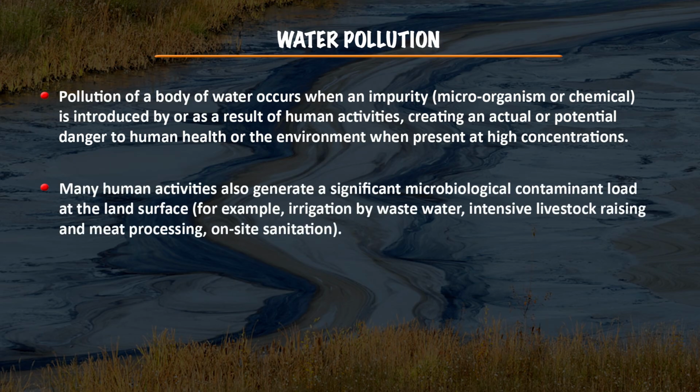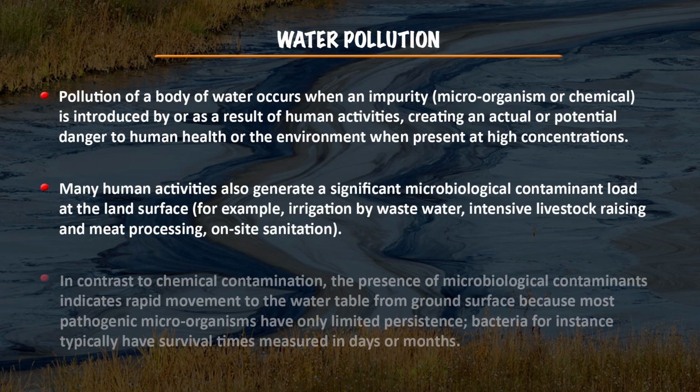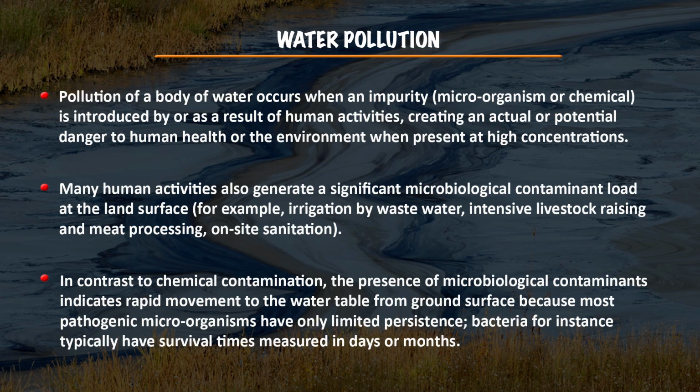Many anthropogenic activities generate a significant microbiological contaminant load at the land surface, for example irrigation by wastewater, intensive livestock raising and meat processing, and on-site sanitation. In contrast, chemical contamination in the presence of microbiological contaminants indicates rapid movement to the water table from the ground surface, because most pathogenic microorganisms have only limited persistence. Bacteria, for instance, have survival times measured in days or months.